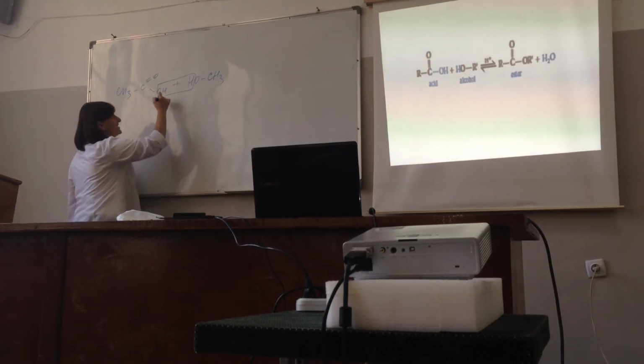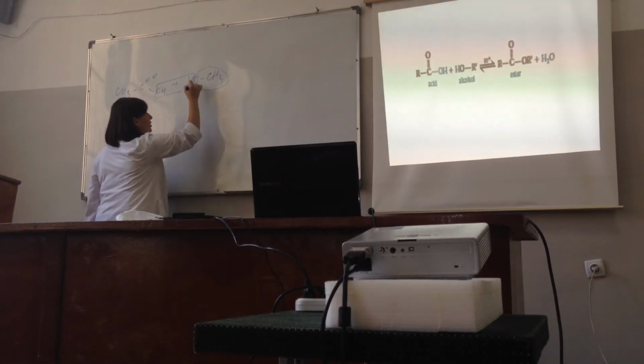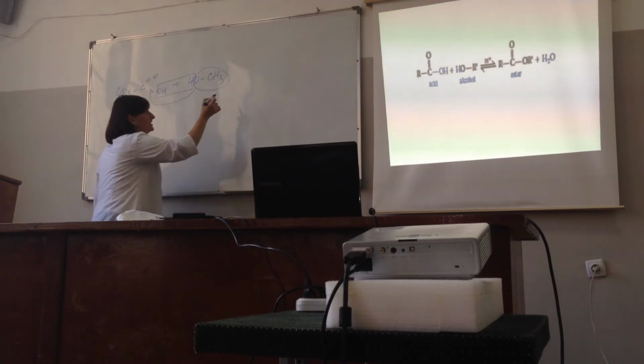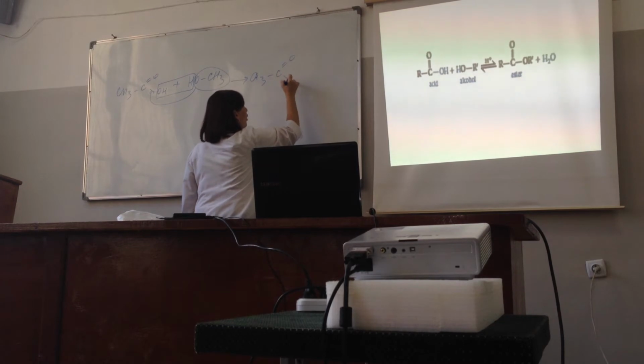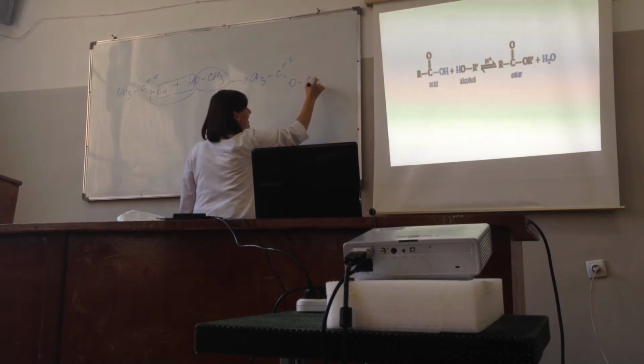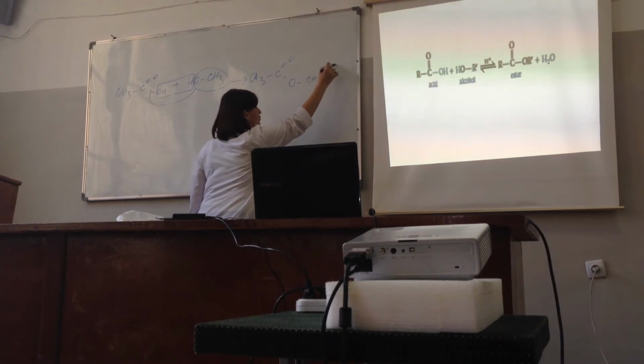Now look, take this one and this part goes here, and finally you get the ester, CH3COOCH3 plus H2O.